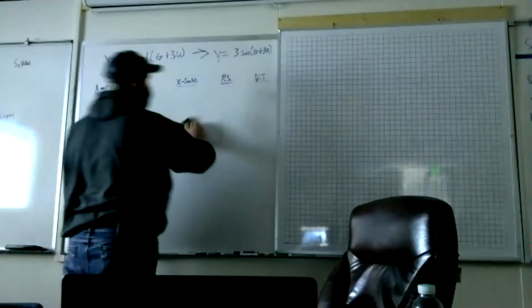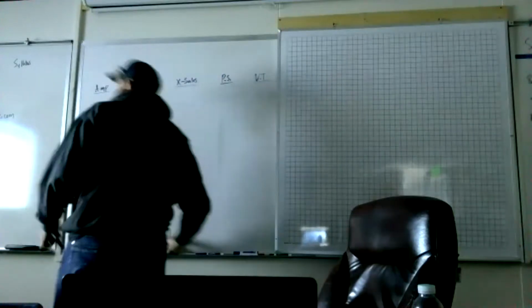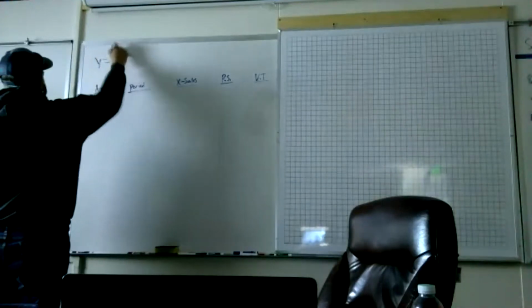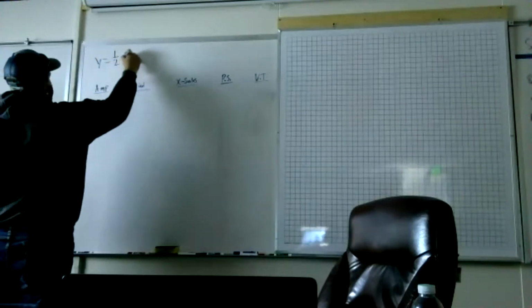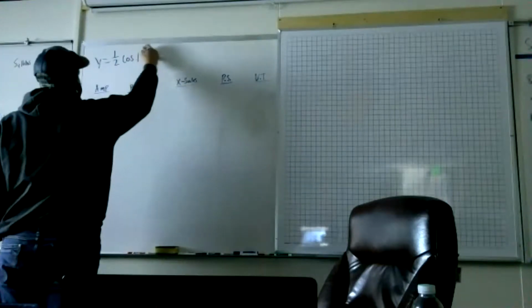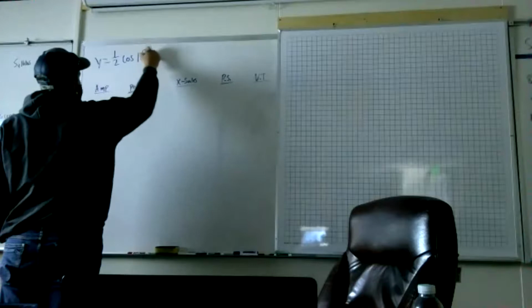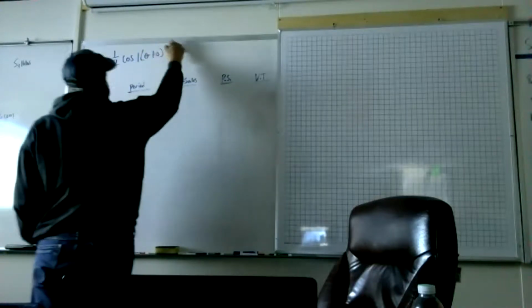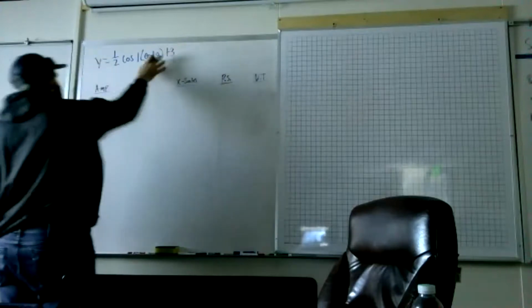Okay, and I'm still going to distribute everything in. So our original equation was y equals 1/2 cosine of 1, I'll even add it, theta plus 0 plus 3. That way you can see the phase shift.